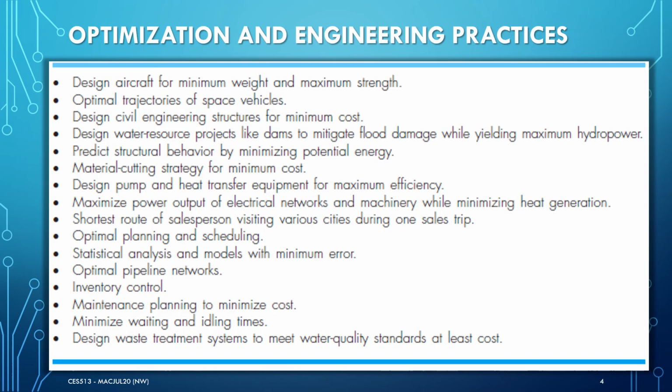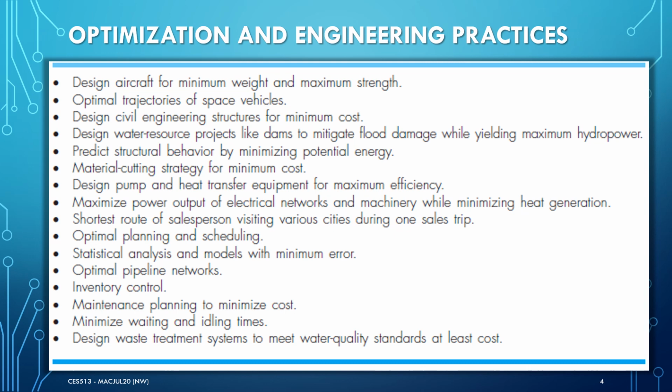Okay, optimization typically deals with finding the best results or the optimum solutions of a problem. So engineers must continuously design products or devices that can perform in an efficient way.